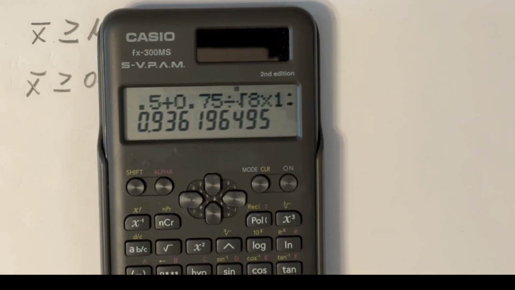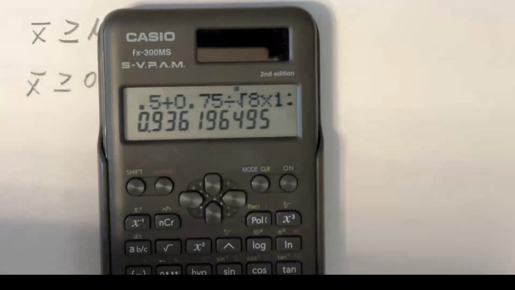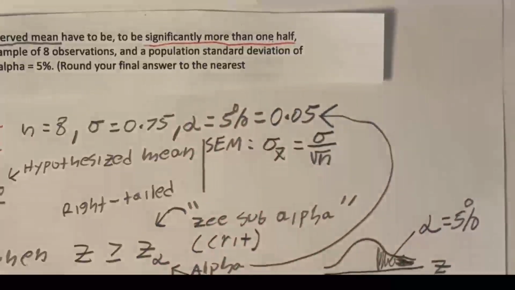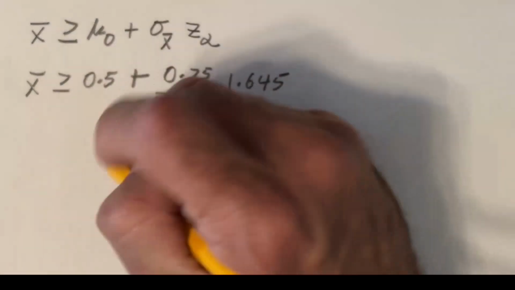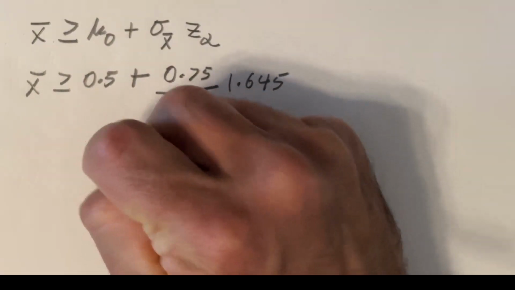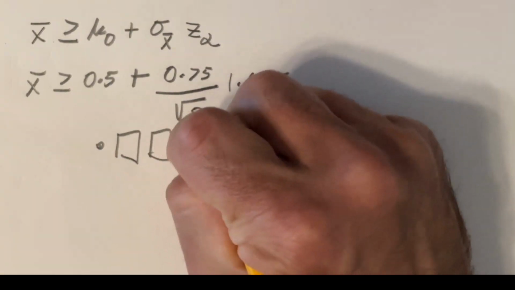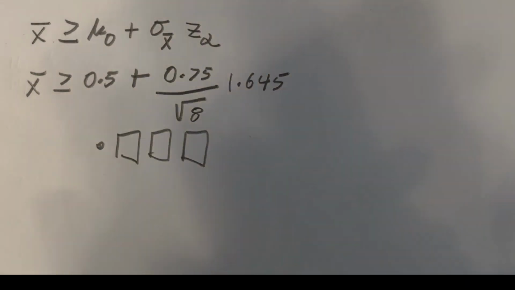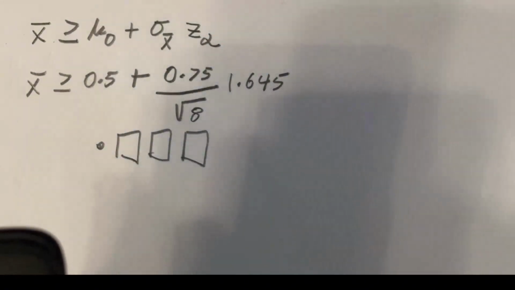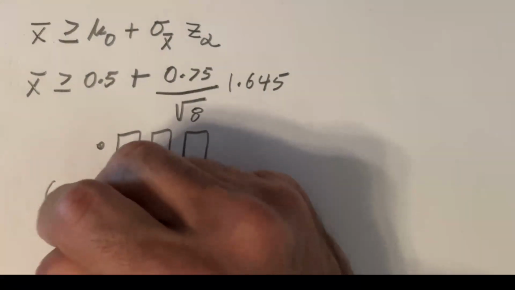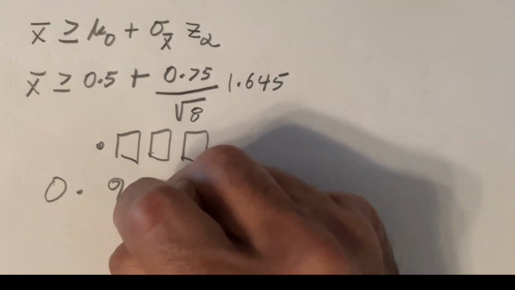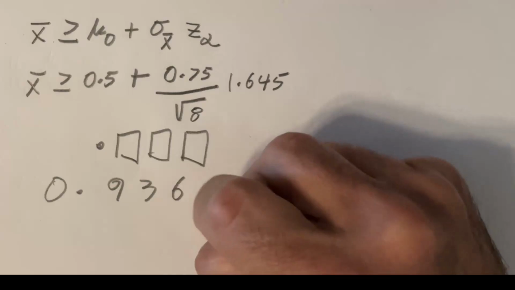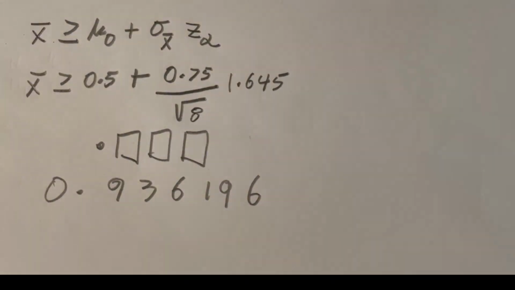And what we get, now the instructions said round to the nearest thousandth. So what I like to do is I like to go point, and I put 3 little squares to remind myself that I have to do this to the nearest thousandth, because we get this 0.936196, right?